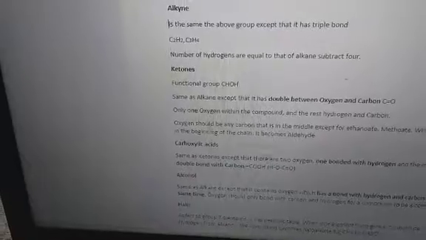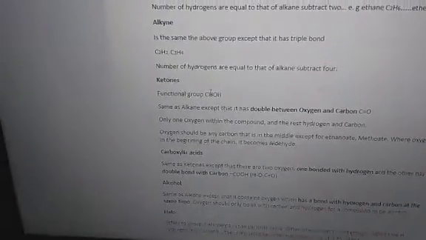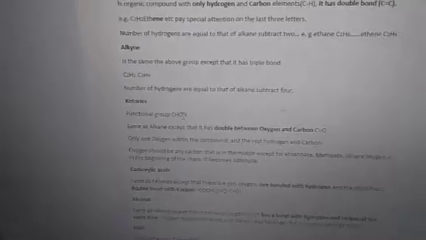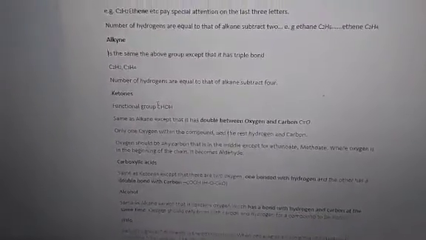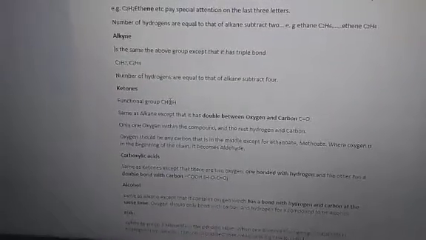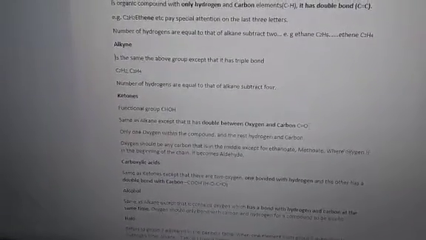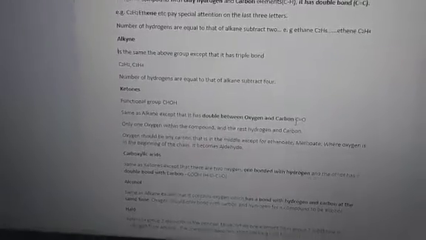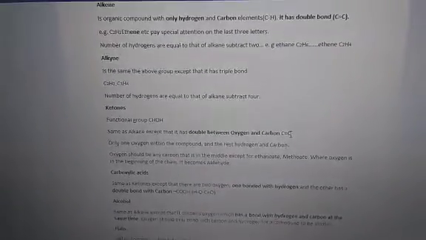Okay, let's go back to our explanation. Going to ketone. For ketone, we have a functional group where there must be a bond between C and O, oxygen. That bond should be a double bond between oxygen and carbon.